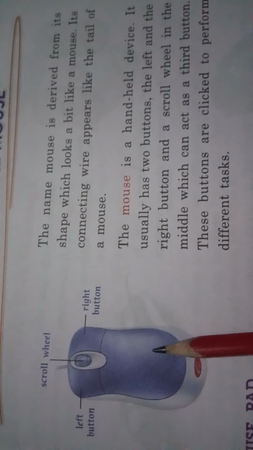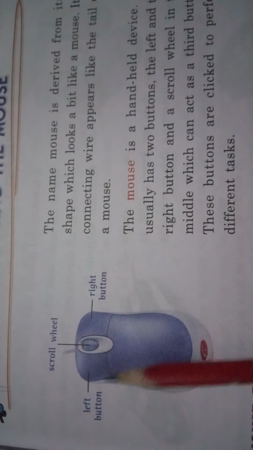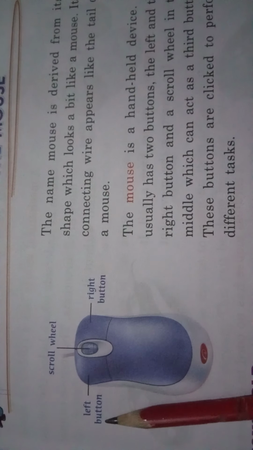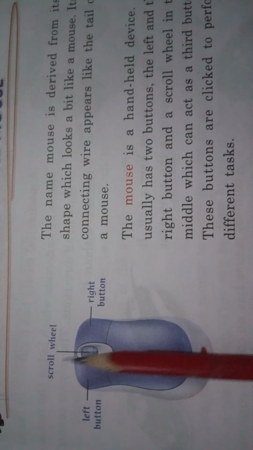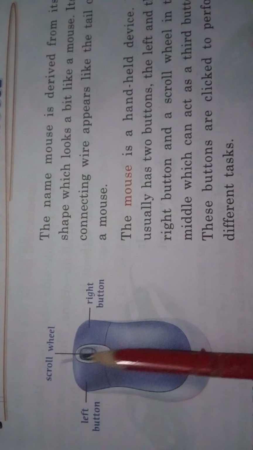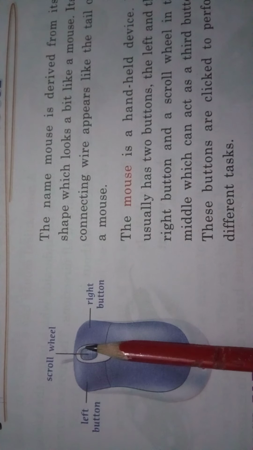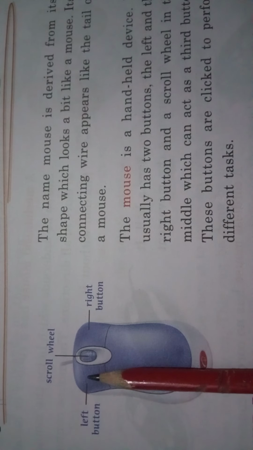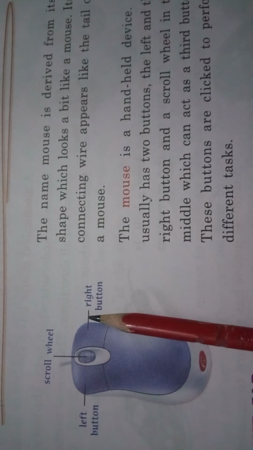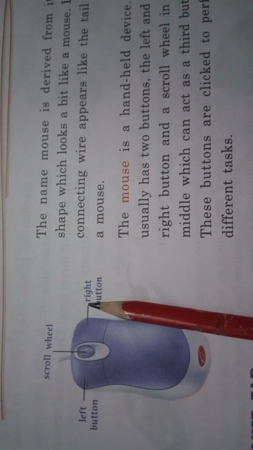You can see the diagram of the mouse. This is the left button. This is the right button. Third one is the scroll wheel. It acts as a third button. The left button is used for left click and the right button is used for right click.